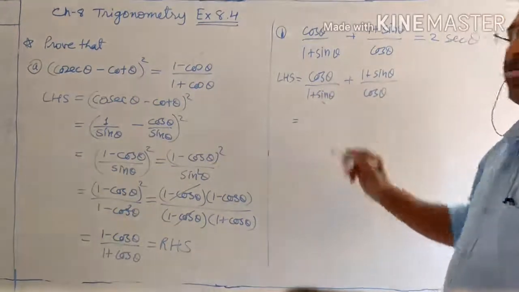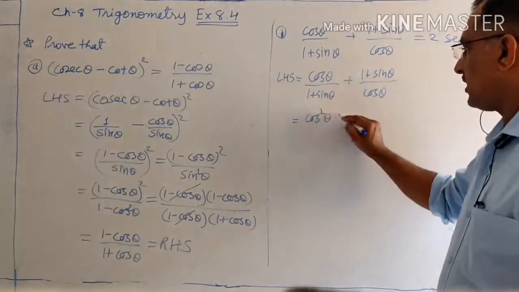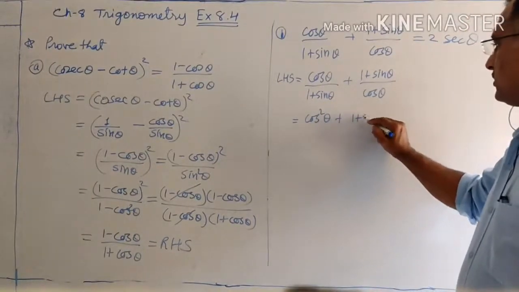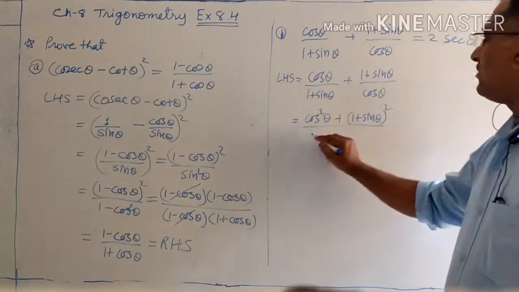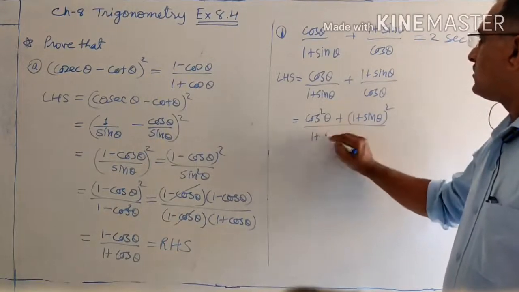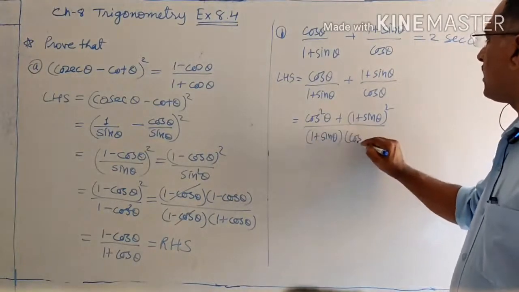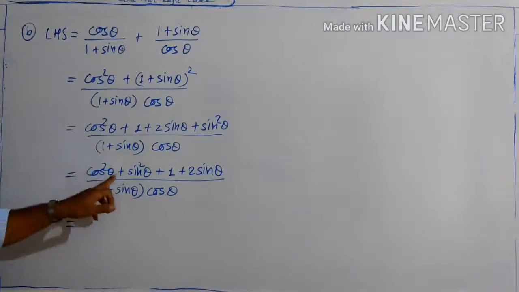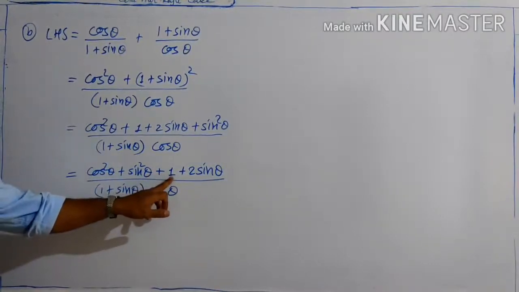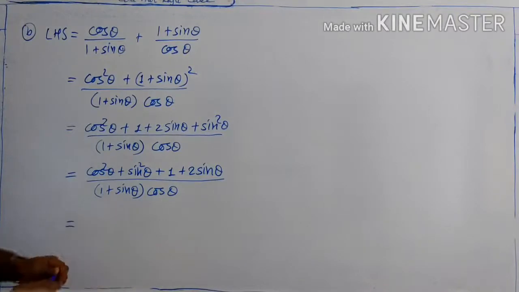Here taking LCM by cross multiplication we get cos square theta plus (1 plus sin theta) whole square, divided by (1 plus sin theta) multiplied by cos theta. Now cos square theta plus sin square theta plus 1 plus 2 sin theta divided by (1 plus sin theta) into cos theta.